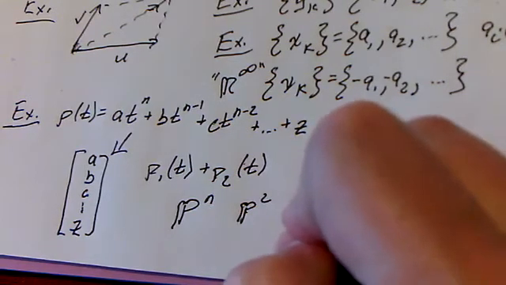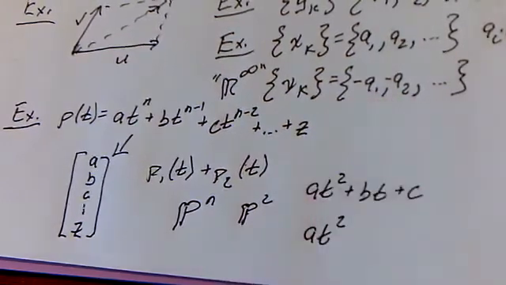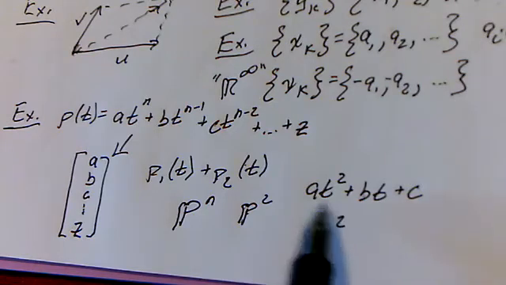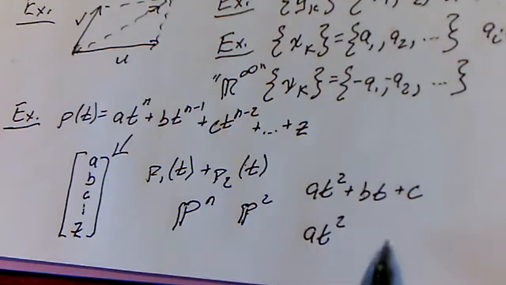I could have a subset of P2, maybe that's just at squared. So b and c have to be 0 all the time. But this would be a subset, and let's think about what happens. If I add vectors here, I just get 0 and 0 out on the other side. I'll get a coefficient times t squared.